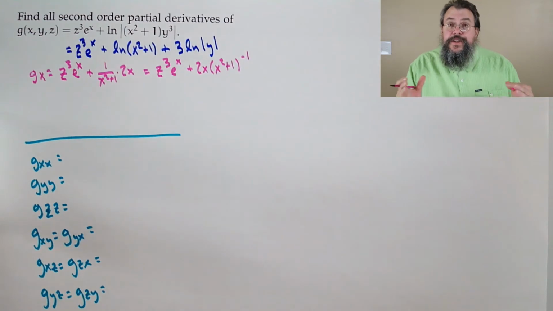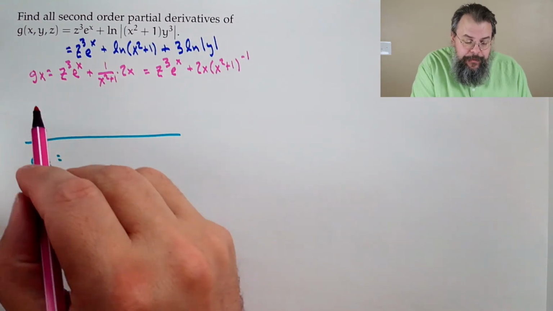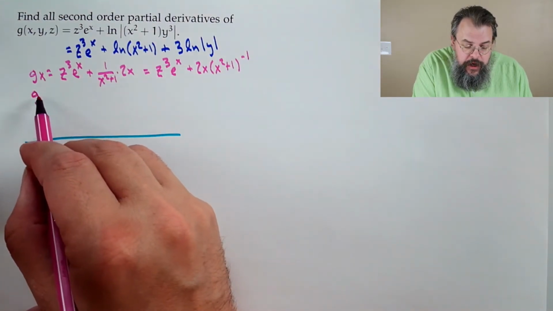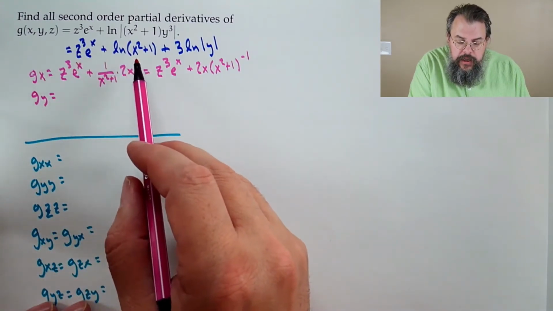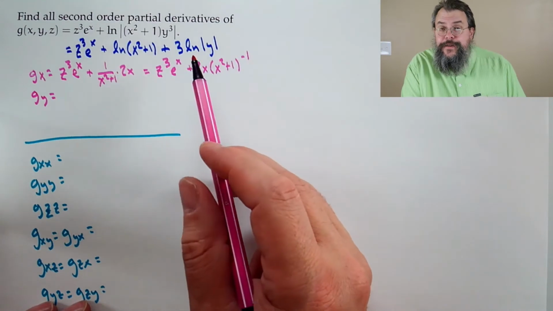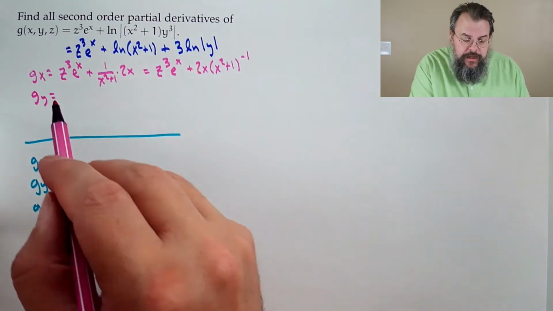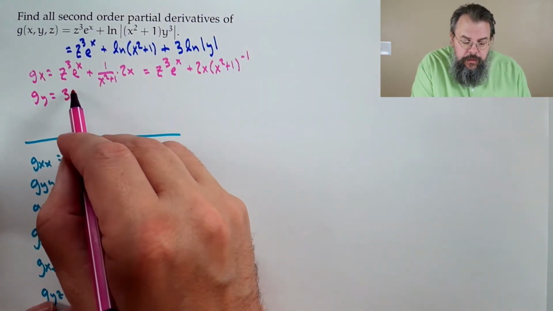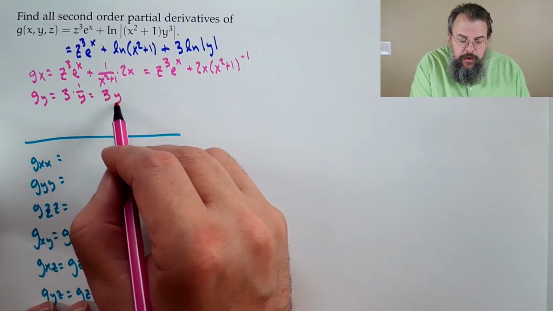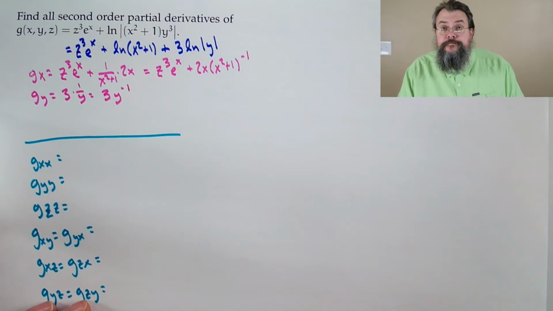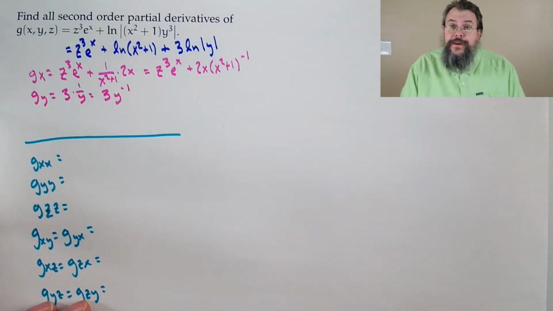All right, g sub y. What's that one? Well, g sub y, we go through and say, there's no y, there's no y, there's one y. The derivative of natural log y with respect to y would be 1 over y. Or if you like, you can write that as 3y to the minus 1 power. Okay, great.